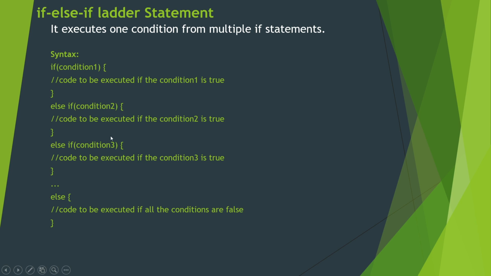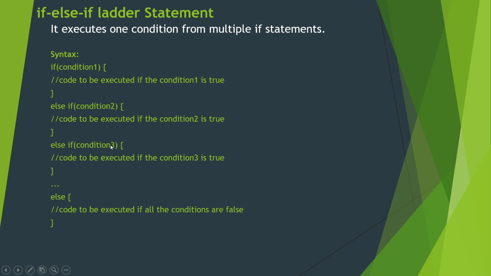So we have these three conditions. If the first gets satisfied, then this will get executed, and the others will be ignored. If it returns false, it will come and check the second condition. If that is true, it will be executed, and the others will be ignored. Again, if this is false, it will go to condition 3.